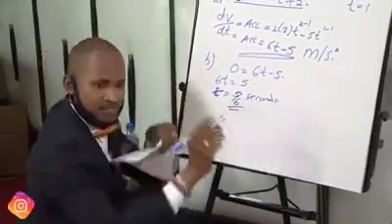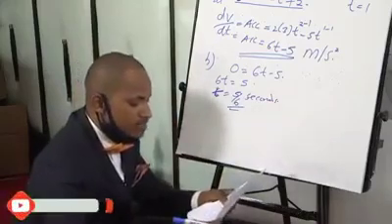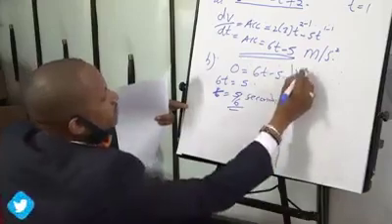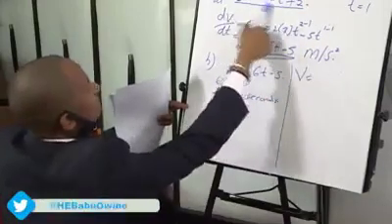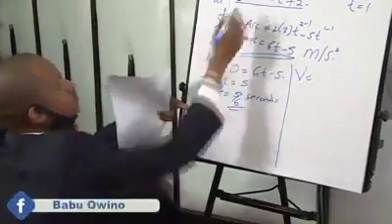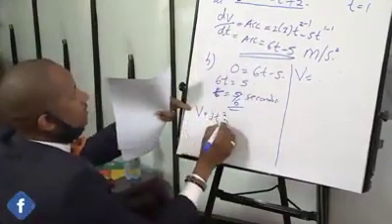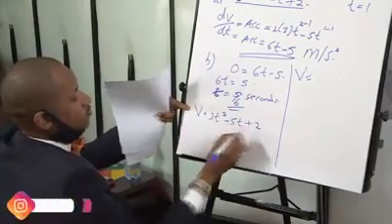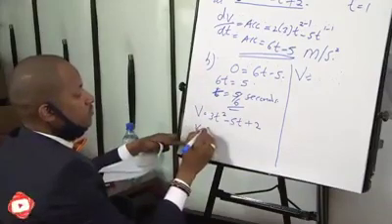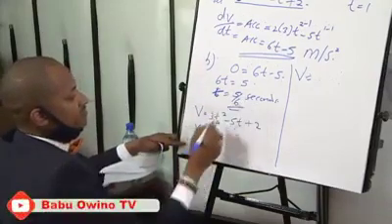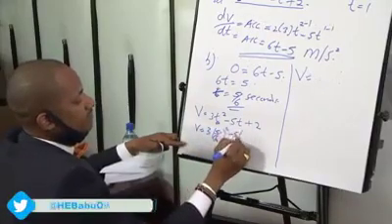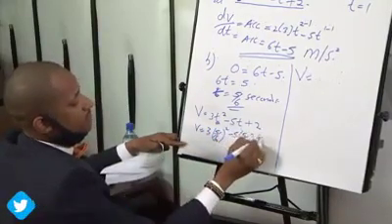But this is t, although the question wants velocity when acceleration is 0. Therefore, velocity from our equation is 3t squared minus 5t plus 2. From here, velocity is equal to 3, but the value of our t is 5 divided by 6, squared, minus 5 into 5 divided by 6, plus 2.